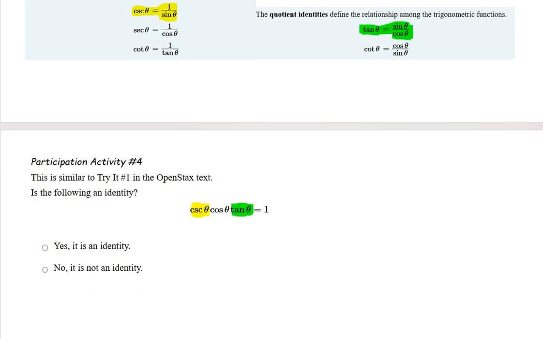So what I'm going to do is, in place of the cosecant of theta right here, I'm going to put 1 over the sine of theta. And of course there's a multiplication dot right here, so times the cosine of theta, or if it makes you feel better, put cosine of theta over 1, times the tangent of theta, which is sine of theta over cosine of theta.